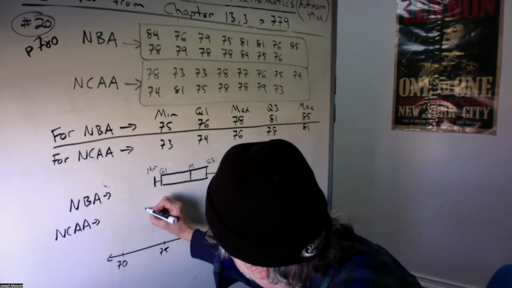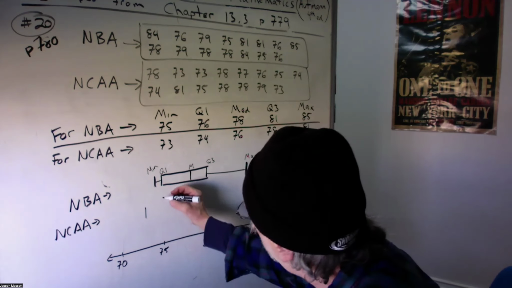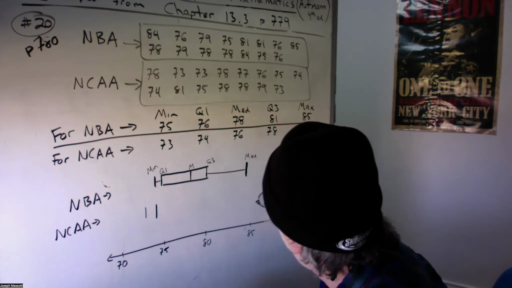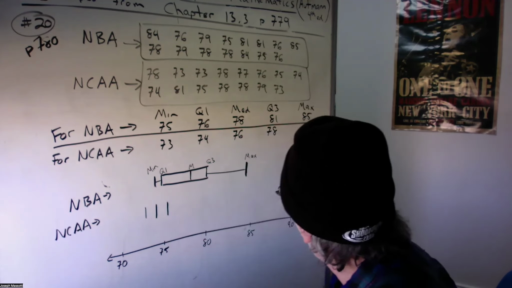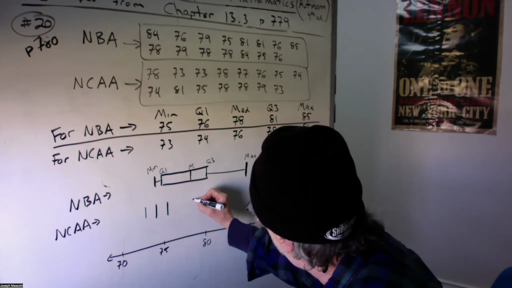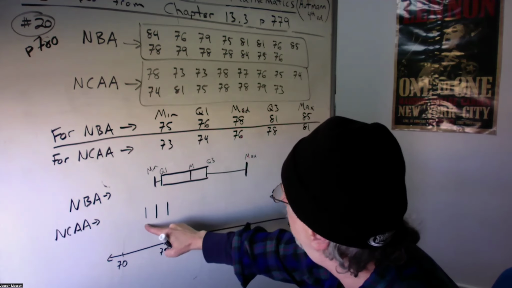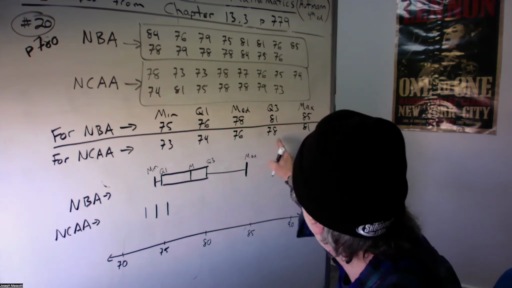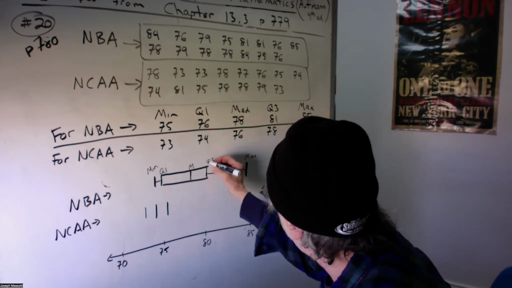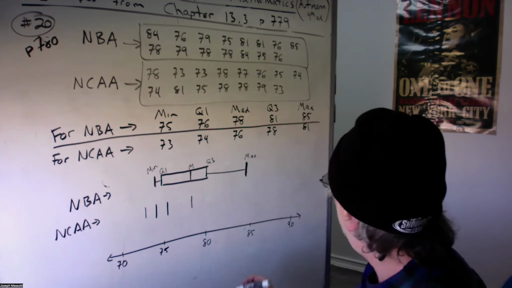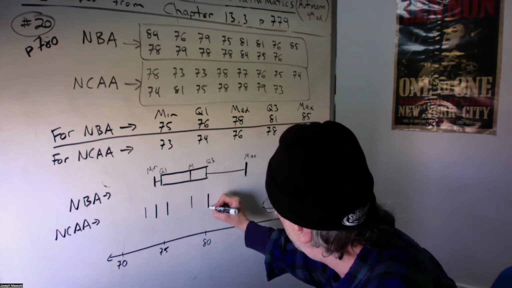All right, and then you do the same for the NCAA: 73, so a little bit less, 74, 76, then 78, which was the same as the median here, and 81 over here.